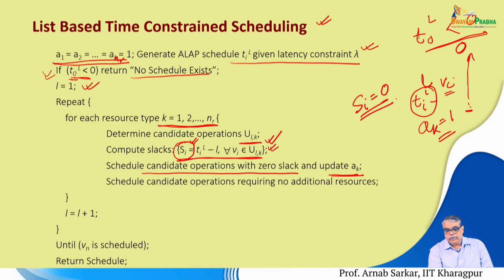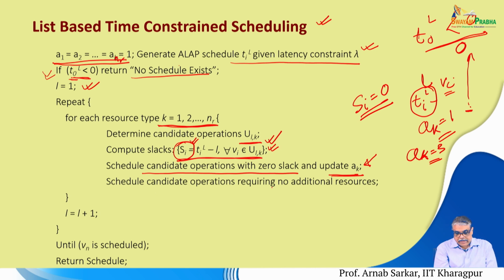The only possible way is by increasing the number of resources that you must incorporate within the design. So you update AK and say that because you have 3 operations which have slack 0, AK must be equal to 3 now.